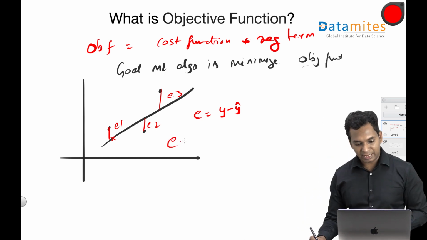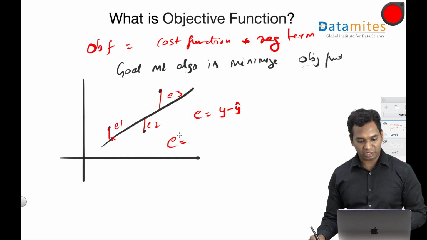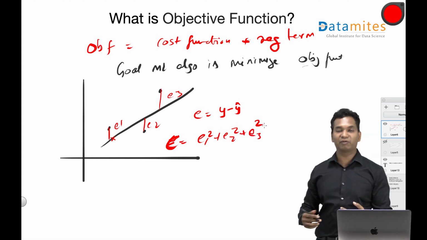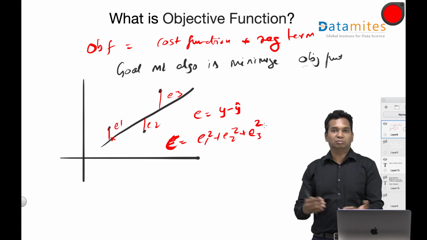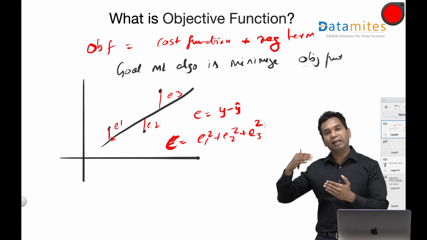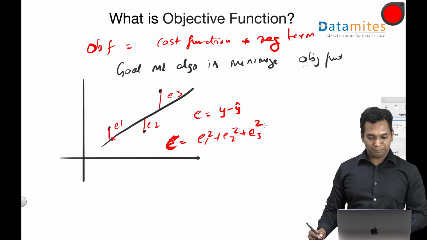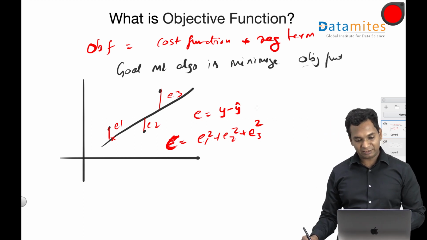So E, which is a loss function, is equal to E1 square plus E2 square plus E3 square. If you have 100 records or 1,000 records or 10,000 records, you'll have 10,000 errors being added. So if you want to put it in a mathematical way, error is the sum of, y is a line equation.